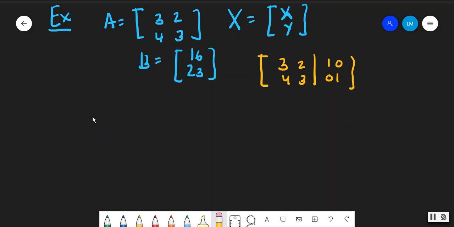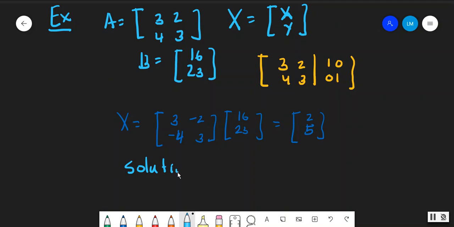So we basically stated that the solution is x equals 3, negative 2, negative 4, and 3, multiplied by 1623, and this happened to equal 2 and then 5, which means that the solution is the ordered pair 2 comma 5.